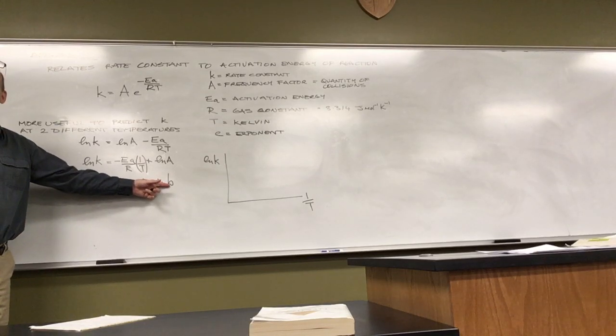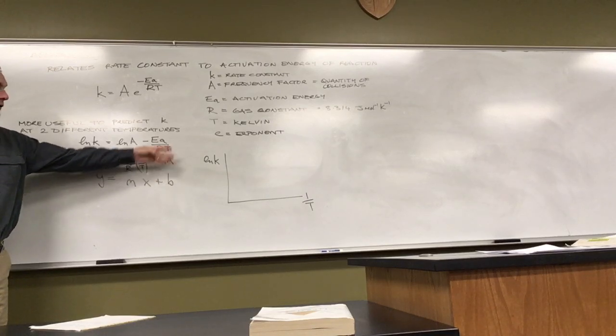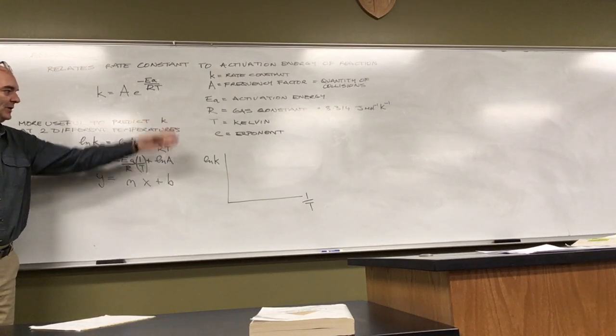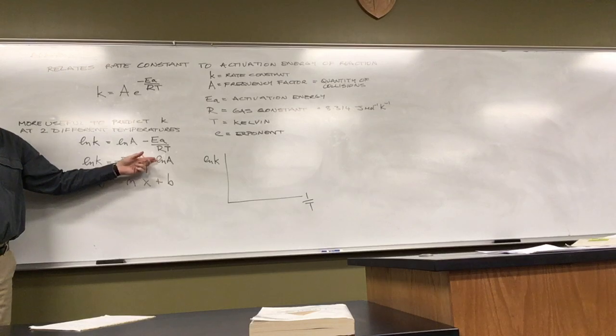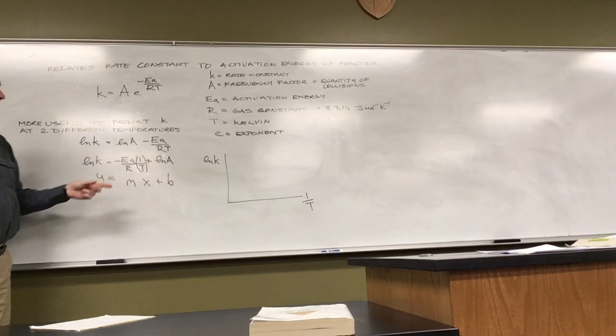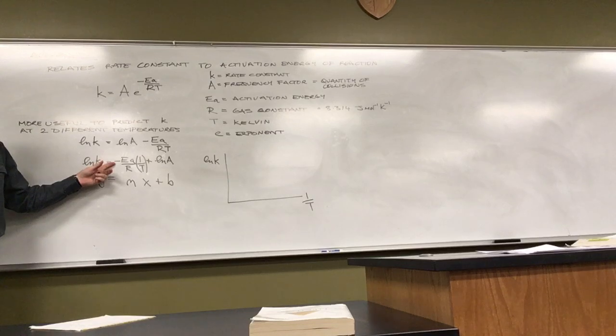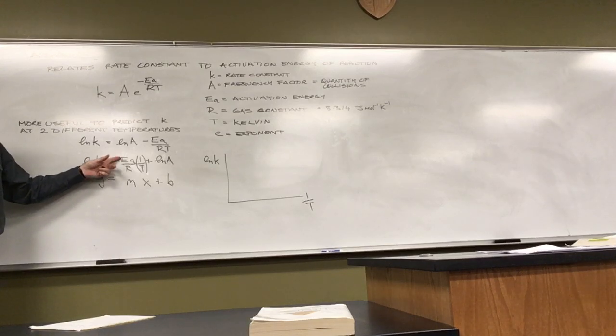B is going to be my y-intercept, which is going to be on the vertical line, and will have the value of the natural log of whatever my frequency factor is. And then I'm going to have a slope. And that slope is going to be negative, downward facing. And its gradient will be Ea over R.